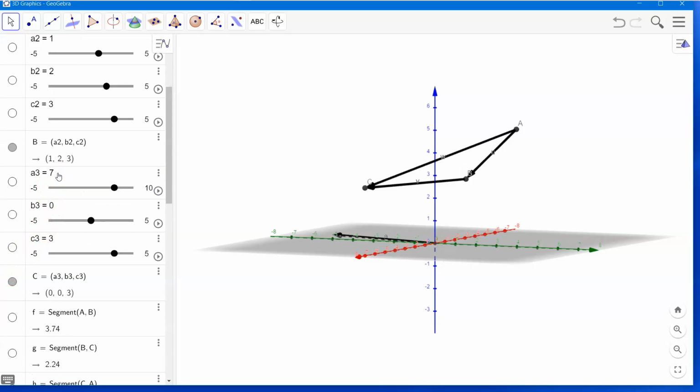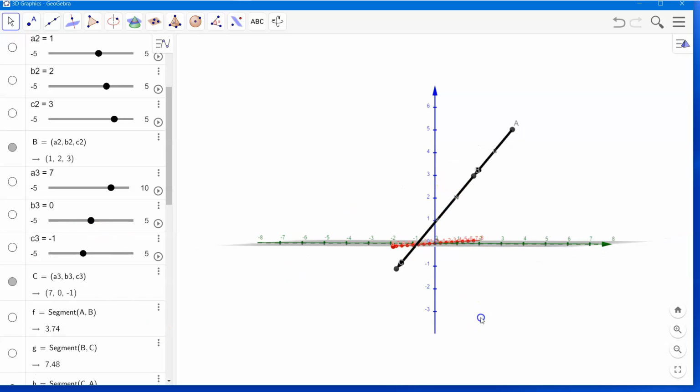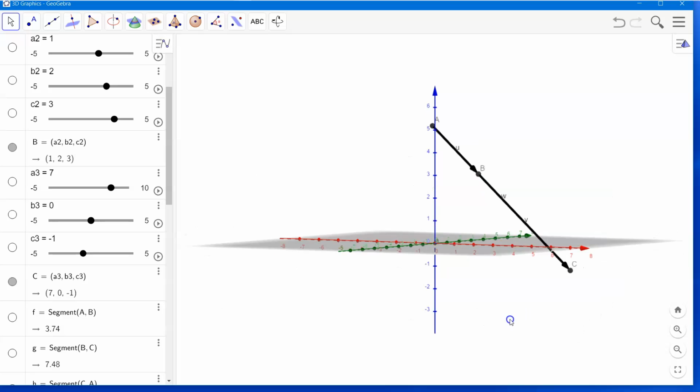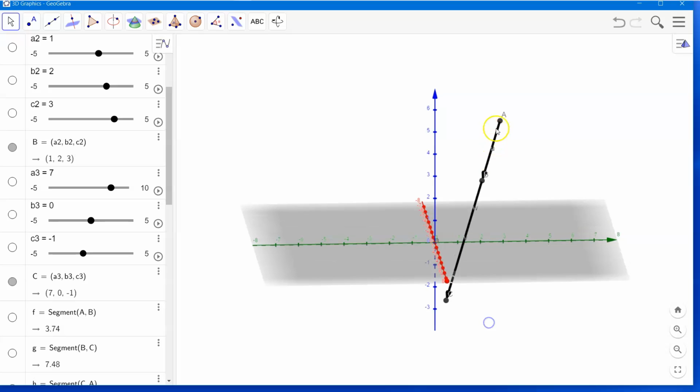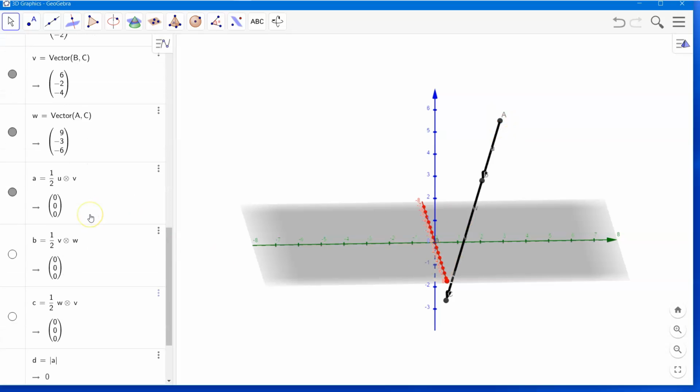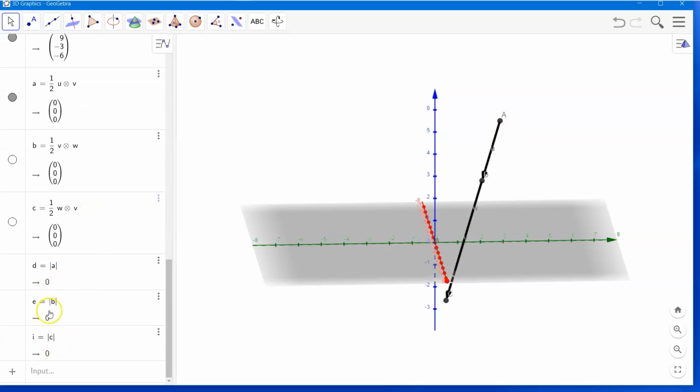So 7, 0, -1. Now the moment I press enter, you notice it has become a line. Why? Because A, B, C are on the same line. So they can't form a triangle. The area covered must be 0. So if you notice here, 0, 0.